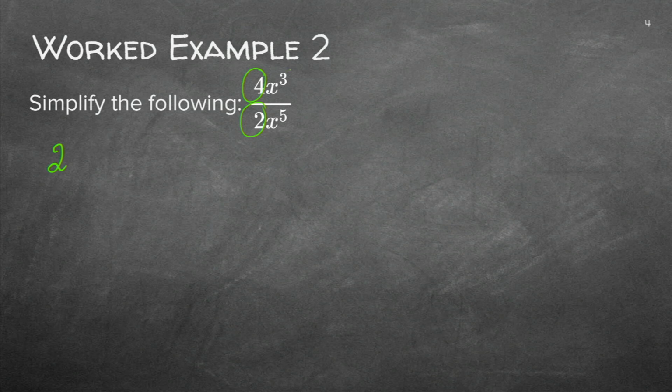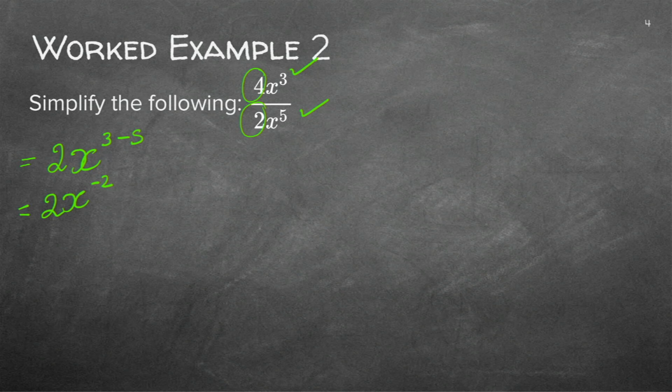Now look at your values that have exponents. Look at your base. So you have base x. What is the exponent? You have exponent 3 minus exponent 5. Your answer for that will be 2x to the power of minus 2, because 3 minus 5 is negative 2.